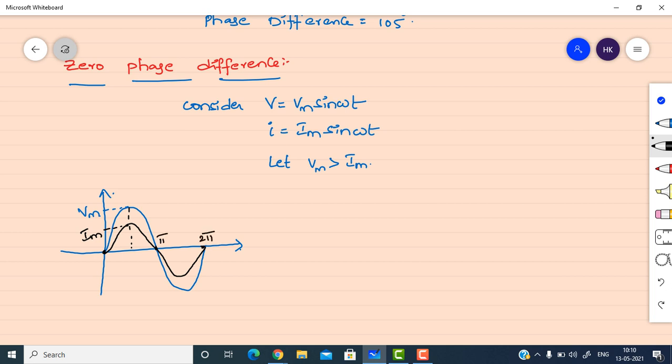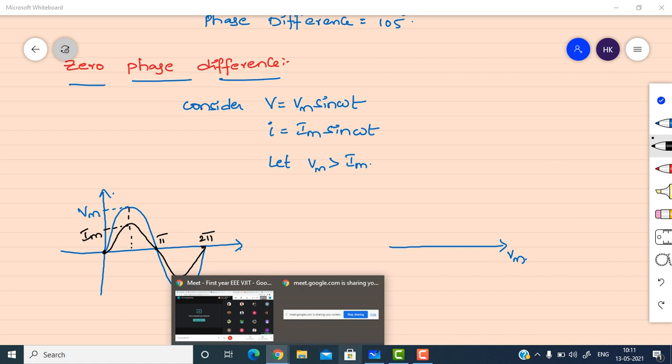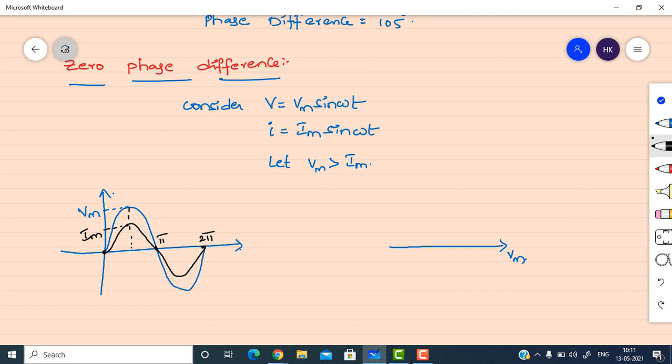Now coming to the phasor representation. How can you draw the phasor diagram for this? First I will draw the voltage phasor. This is Vm. Then what about Im? Where do I have to draw Im? Above or below? Below? How can you know it is below? If you draw the current phasor below, it means it is lagging. Is the current phasor lagging?